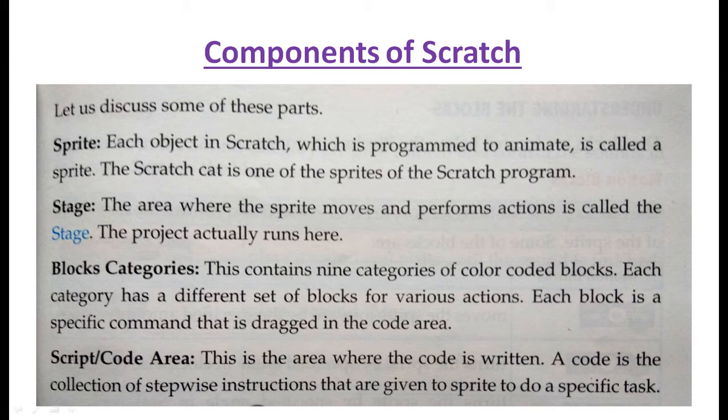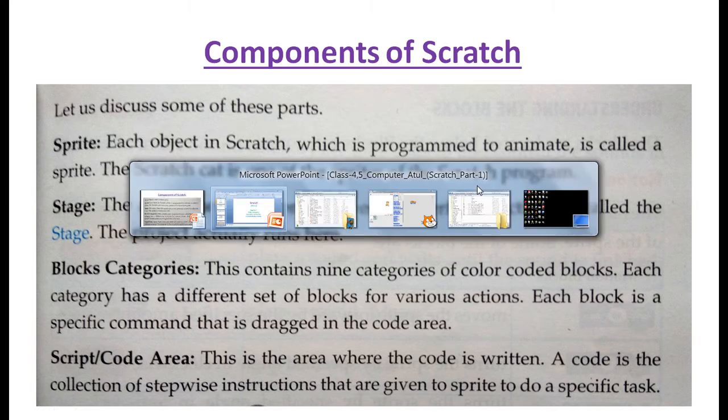Let us discuss some of these parts. First part is sprite. Each object in Scratch which is programmed to animate is called a sprite. The Scratch cat is one of the sprites of the Scratch program.